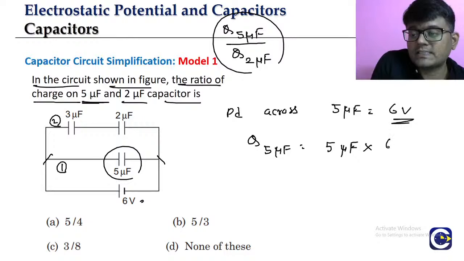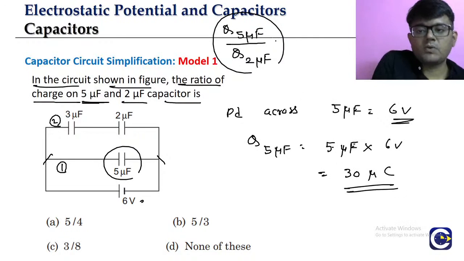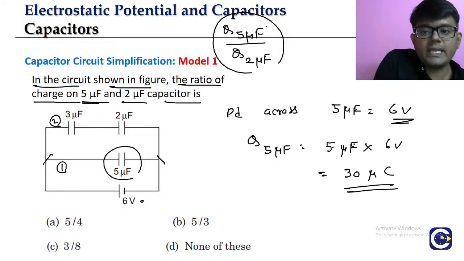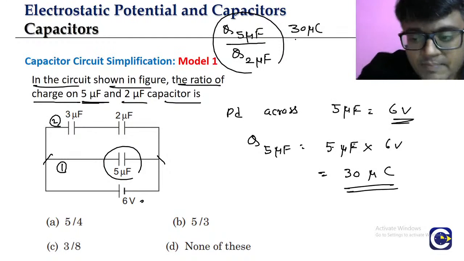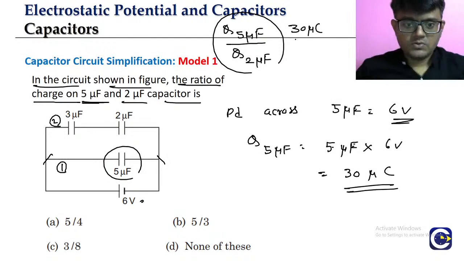How much is that? 5 6s are 30. Micro stays as it is. Farad into volt is coulomb. So the value we got is 30 microcoulomb. See, what is the charge on the 5 microfarad capacitor? 30 microcoulombs. Okay?